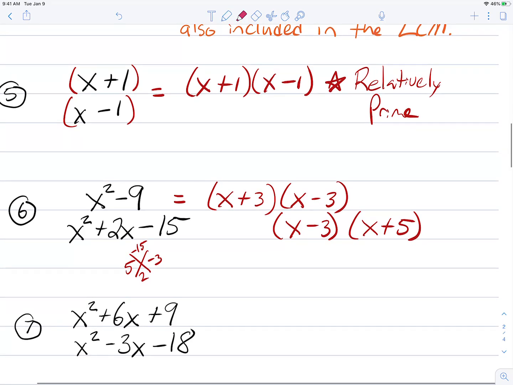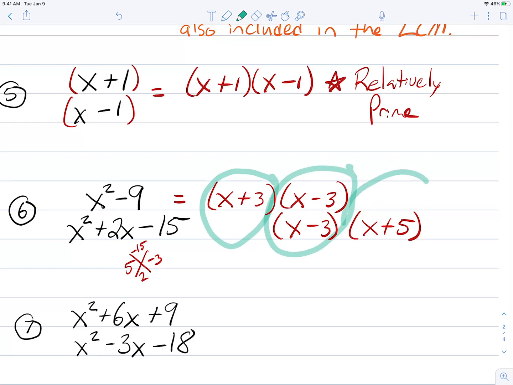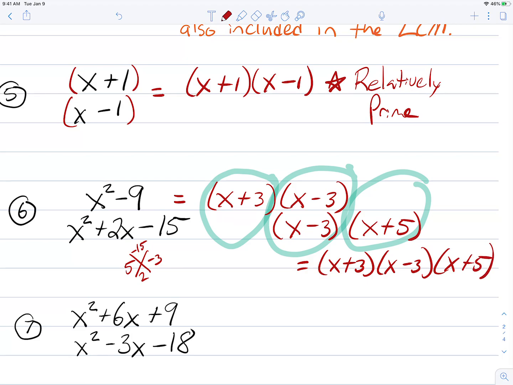My answer for my LCM ends up being x plus 3 times x minus 3 times x plus 5. So it is x plus 3 times x minus 3 times x plus 5. Because if I were to fill in the missing pieces, I would have to multiply the top one by that x plus 5 because that's needed, and this bottom one by x plus 3 because that's needed.